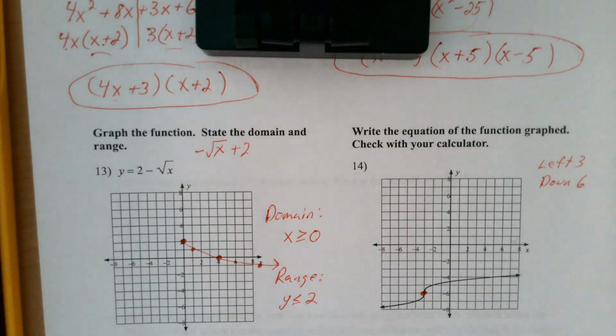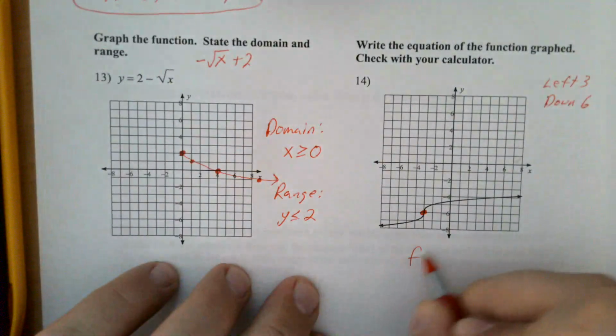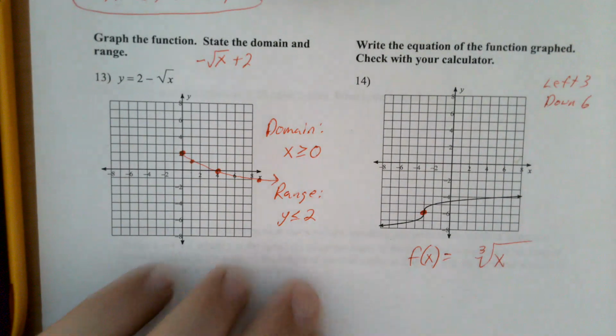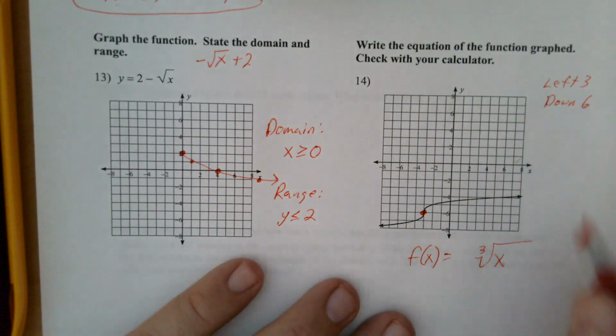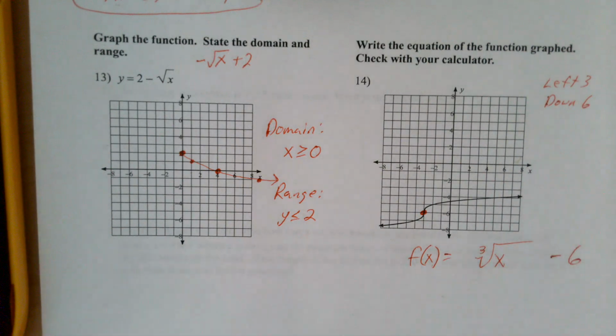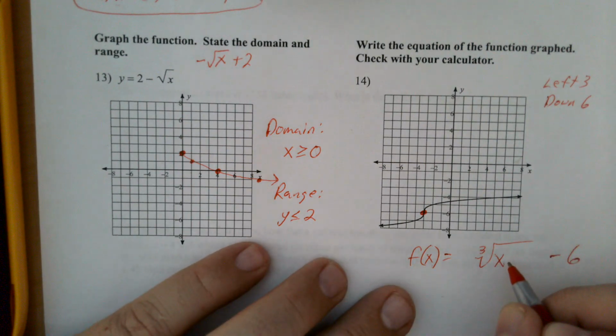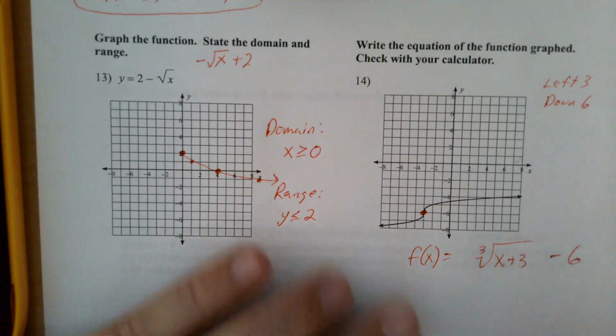So no stretches, no reflections. All we have to do is shift. So here's our rule: cube root of something. We'll do the easy part. The down 6 is just going to be a minus 6. But if we're shifting to the left 3, we must go inside where that x is and add a 3.